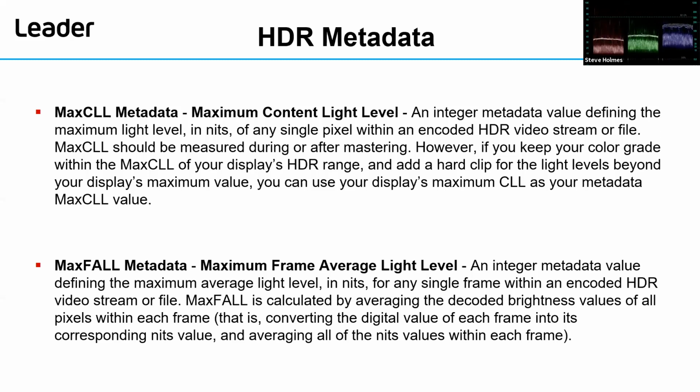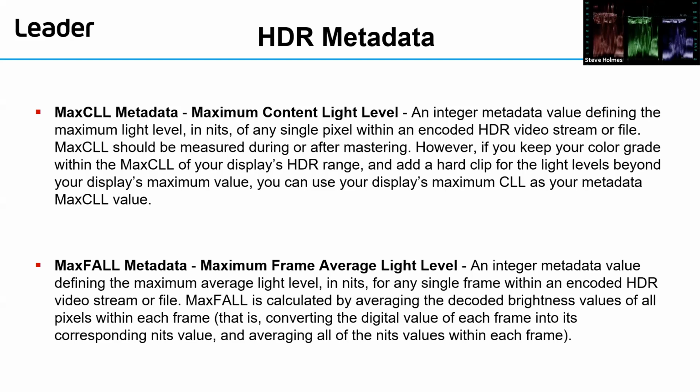One piece of data that we can tell here on a particular scene happens to be max CLL and max fall. So max CLL is maximum content light level. It will tell you anywhere within that shot, a single pixel, what was its absolute brightness.